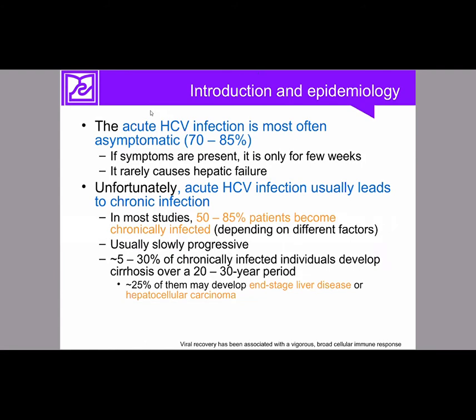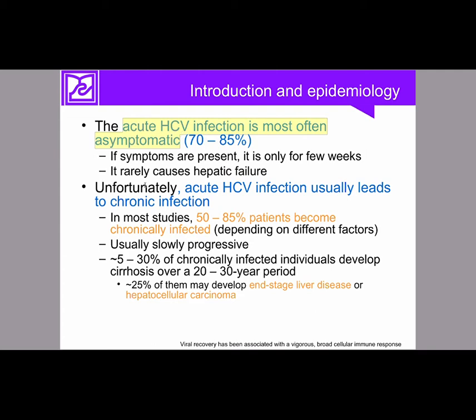So look, what happens when we are infected by hepatitis C virus? We suffer acute hepatitis, and this acute hepatitis is most often asymptomatic. Most people with acute infection do not suffer any symptom.